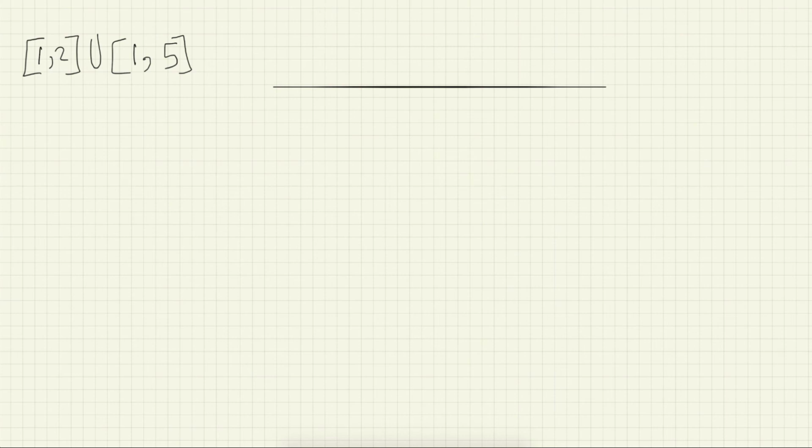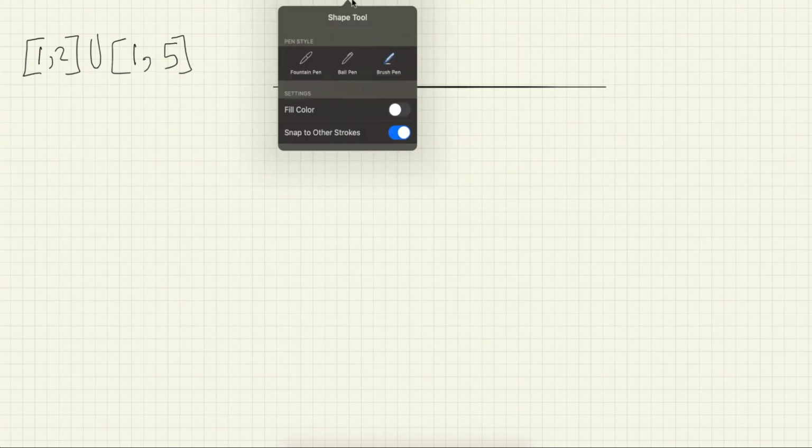Now, if you want, for example, to find the union, I'm going to do union for ease, and I'm going to do, for example, [1, 2] and [1, 5]. I will suppose that you are familiar with the meaning of union.